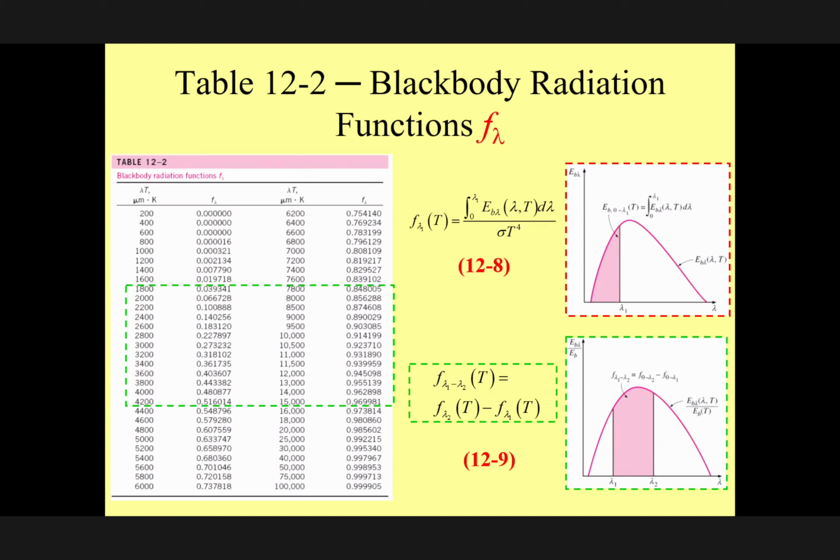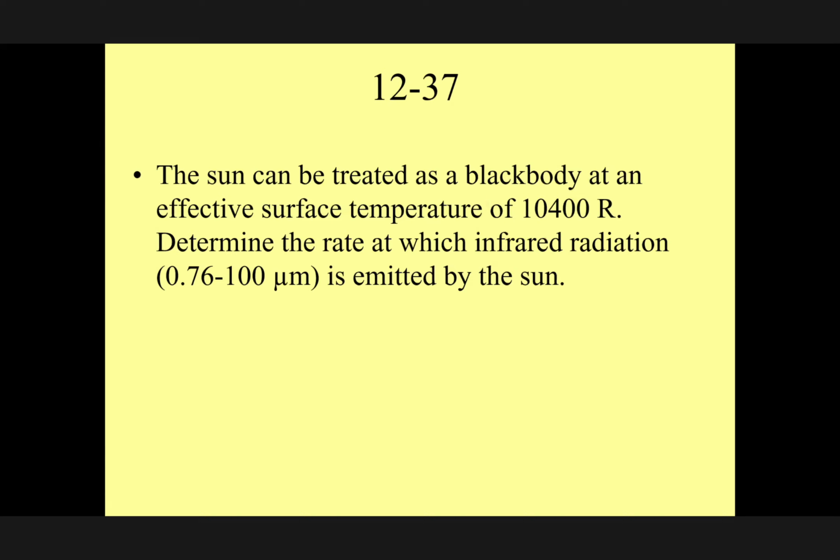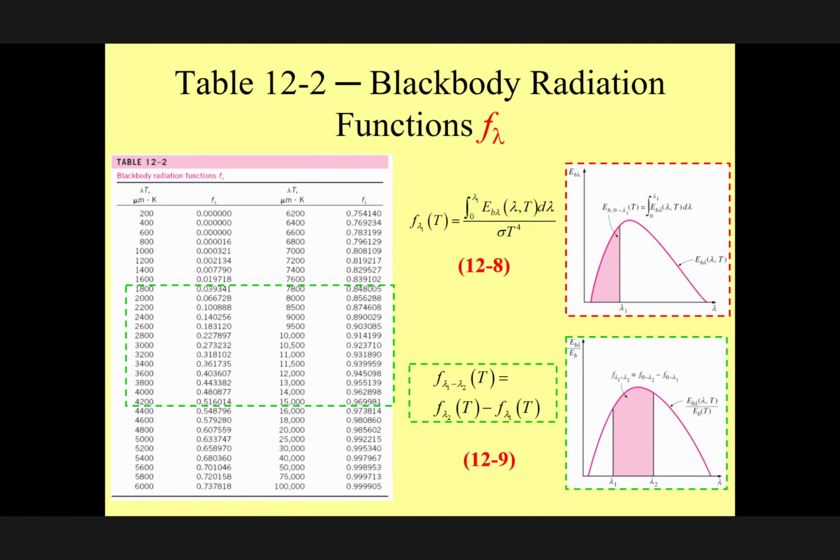Therefore, it mentioned the wavelength between 0.76 and 100 micrometers. It mentions temperature is 10,400 Rankine. You can change it to Kelvin, and then you can calculate your lambda 1 T, 0.76 times the temperature in Kelvin, again remember, and you can find out here in which number it is. You can find what portion of energy falls from 0 to lambda 1. And the same thing you can calculate for the upper limit.